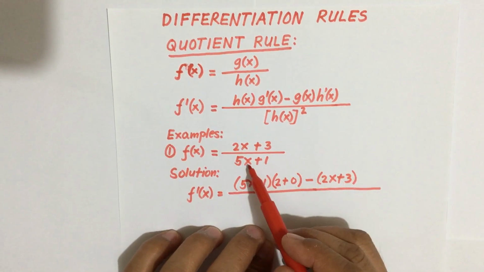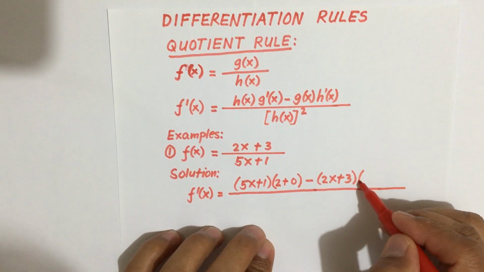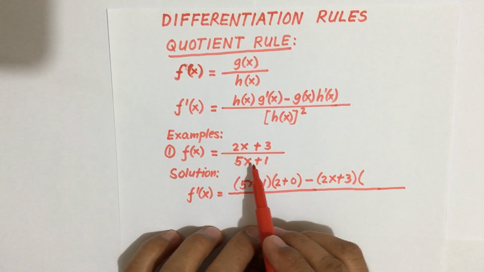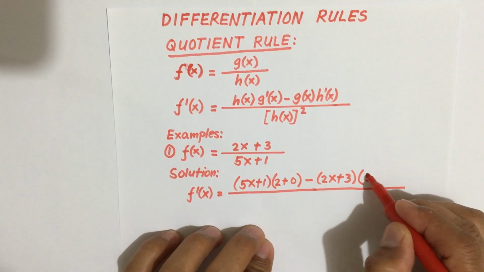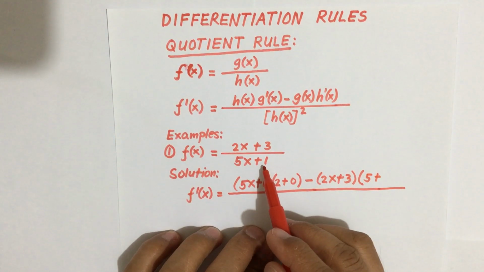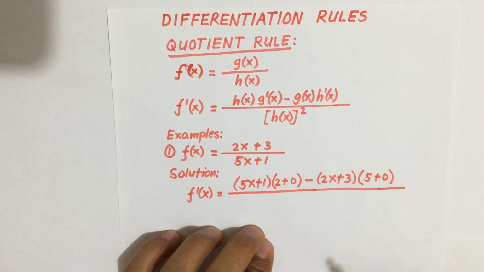So our denominator is 5x plus 1. What is the derivative of 5x plus 1? Using the sum rule, the derivative of 5x is equal to 5, plus the derivative of 1, a constant, which is equal to 0.